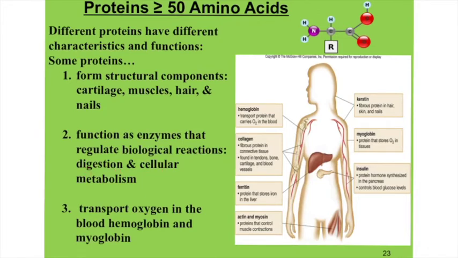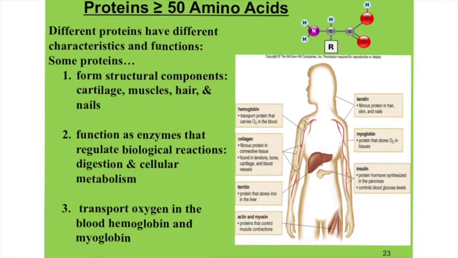And some proteins do other functions, such as transport oxygen in the blood, such as hemoglobin and myoglobin. So there's not one function of a protein. There are lots of different kinds of proteins, and they can have different functions.